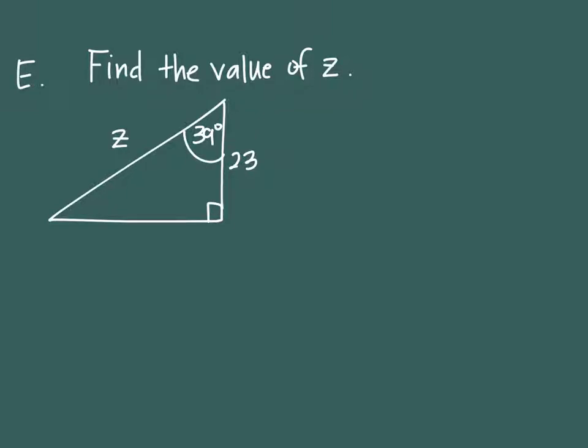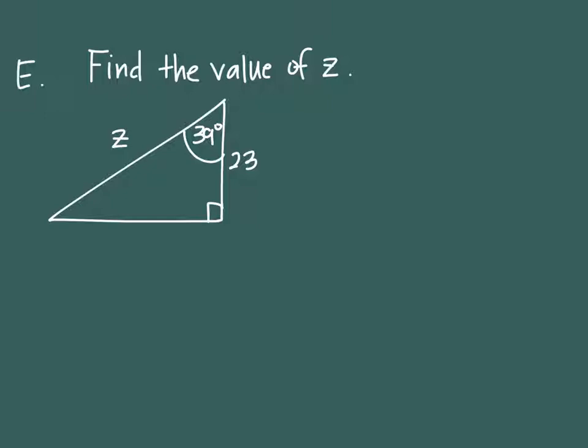All right, so what corner is the 39 in? Okay, that's in beta. What side is the 23 on? It's on the adjacent side. It's next to beta, and z is on hypotenuse. So what uses beta, adjacent, and hypotenuse?